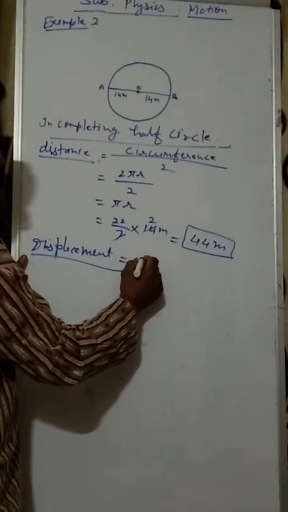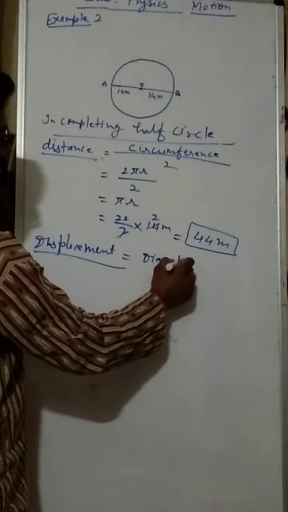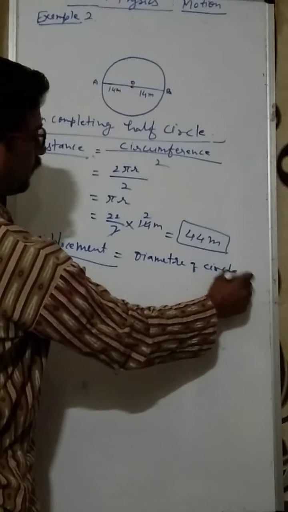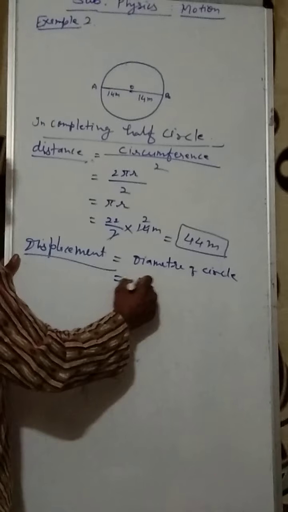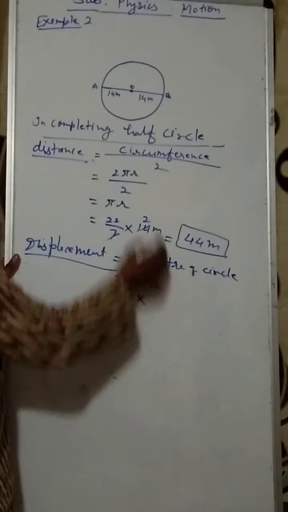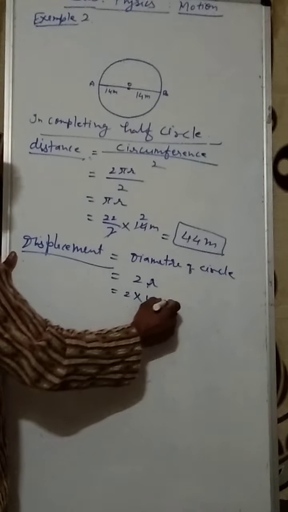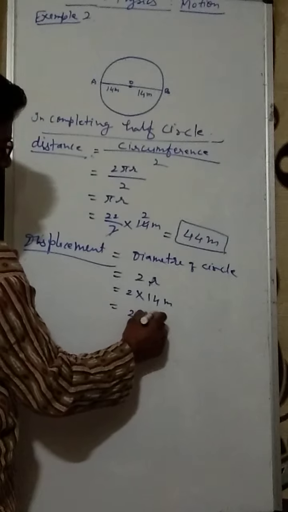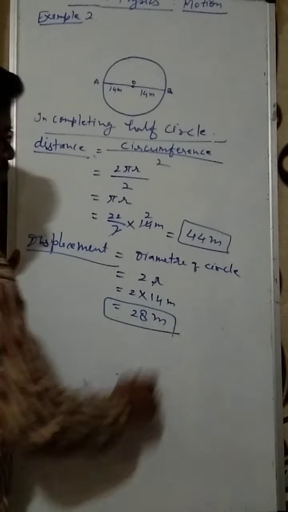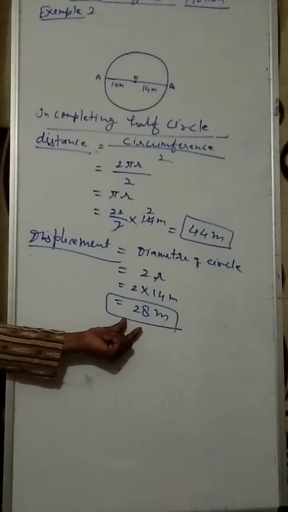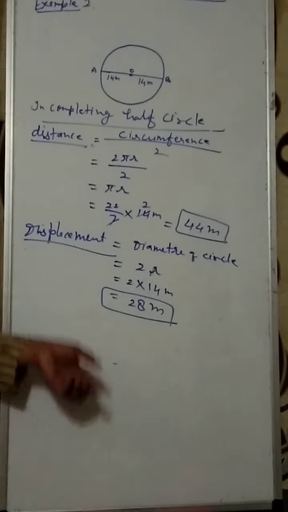So displacement is equal to the diameter of the circle, that is 2r. 2 into radius 14 meter is equal to 28 meter. So the difference: distance is 44 meter and displacement is 28 meter only.